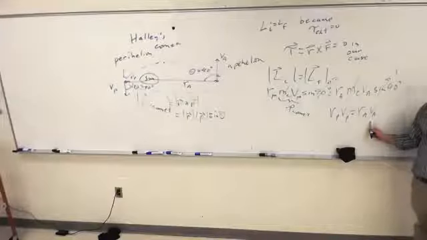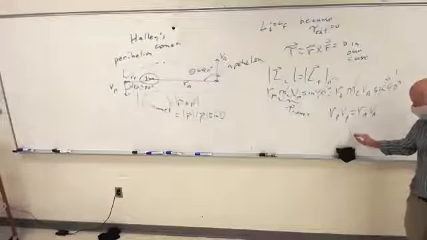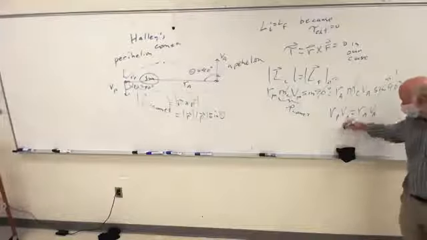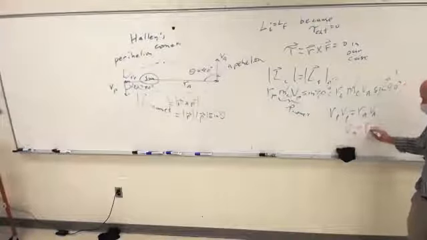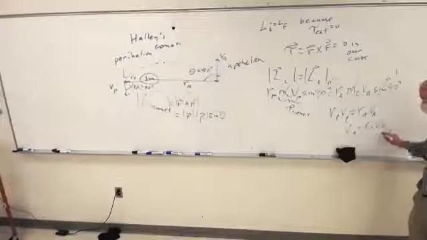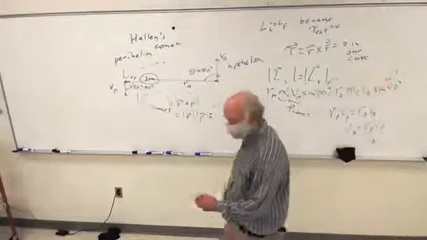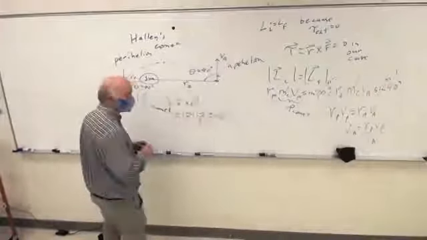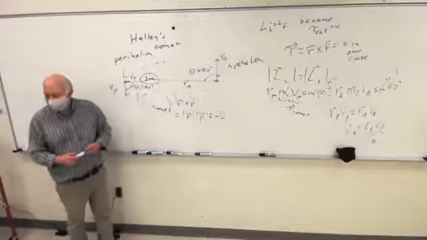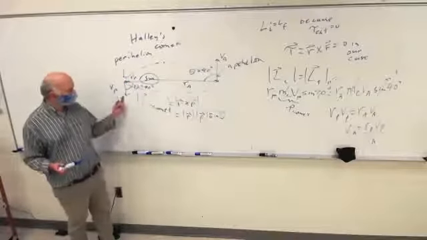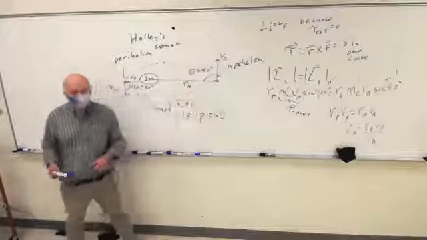Now we just solve for V_A. So V_A is R_P V_P over R_A. Is that going to be faster or slower? Is it moving faster here or is it moving faster here?